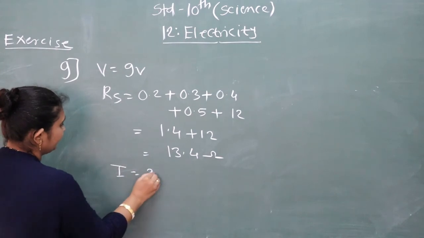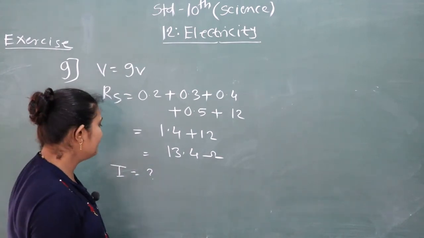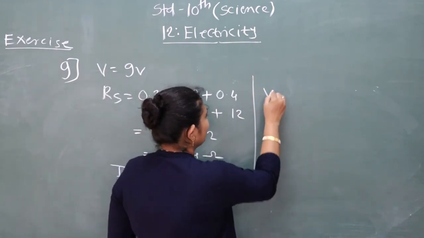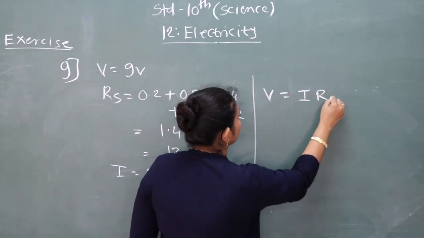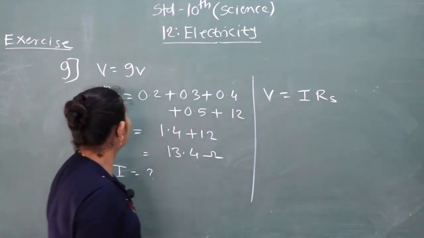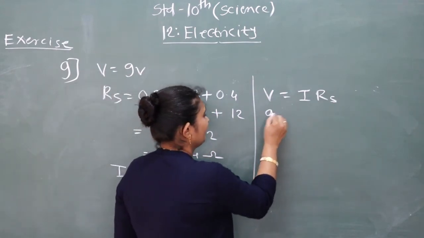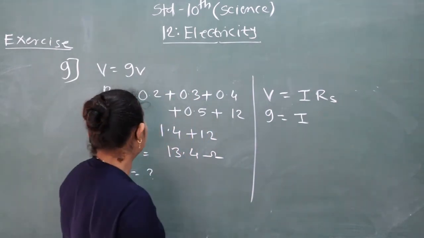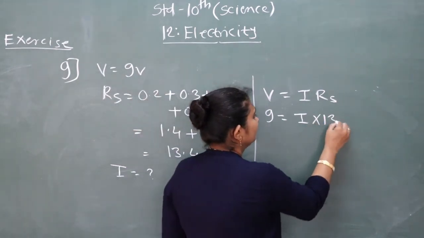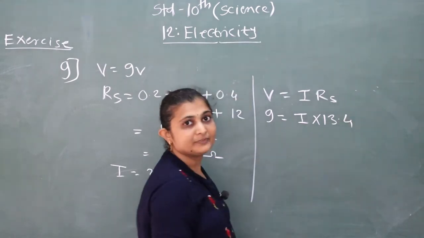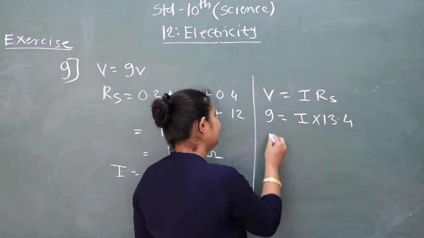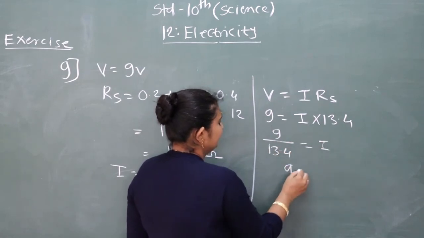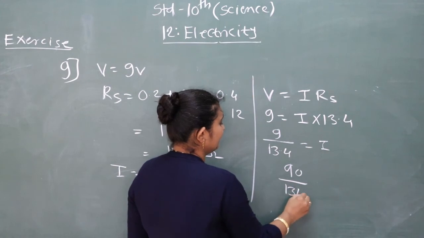We have to calculate here the value of I. Again using Ohm's law, V is equal to IR. What is the value of V? 9. We have to find the value of I. And what is the RS? 13.4. Then this 13.4 will be divided here, means 90 divided by 134.